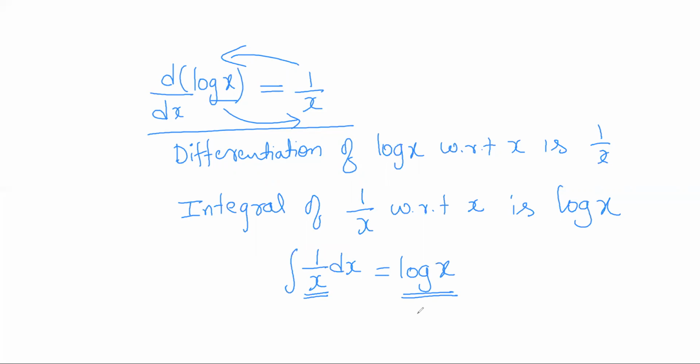But you know that the differentiation of a constant term is 0. Differentiation of a constant value with respect to any variable is 0. So in this way, I wrote the integral of 1 by x with respect to x is log x, because differentiation of log x is 1 by x.